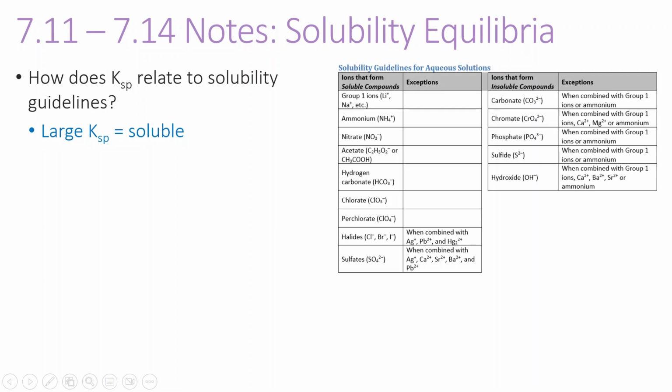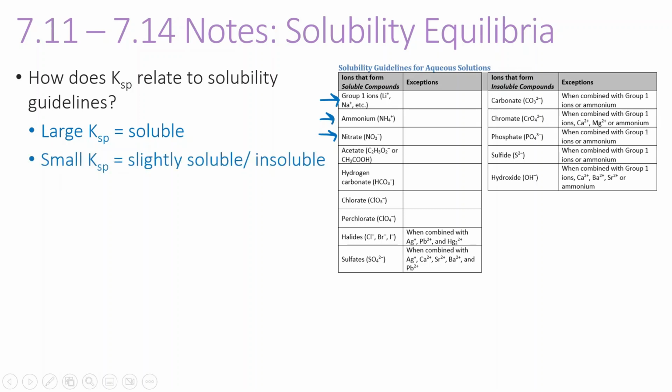These are going to be things that include your group 1 ions, ammonium, nitrate. The compounds that are highly soluble are going to have a large KSP value. It's kind of like when we have a chemical reaction and it has a large K, we say the reaction goes to completion. Here, when KSP is large, it's telling us that all of that salt is going to dissolve.